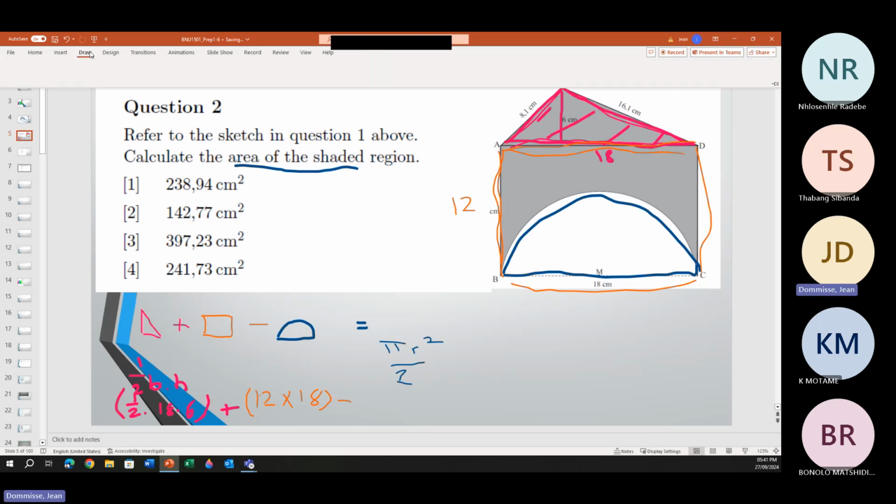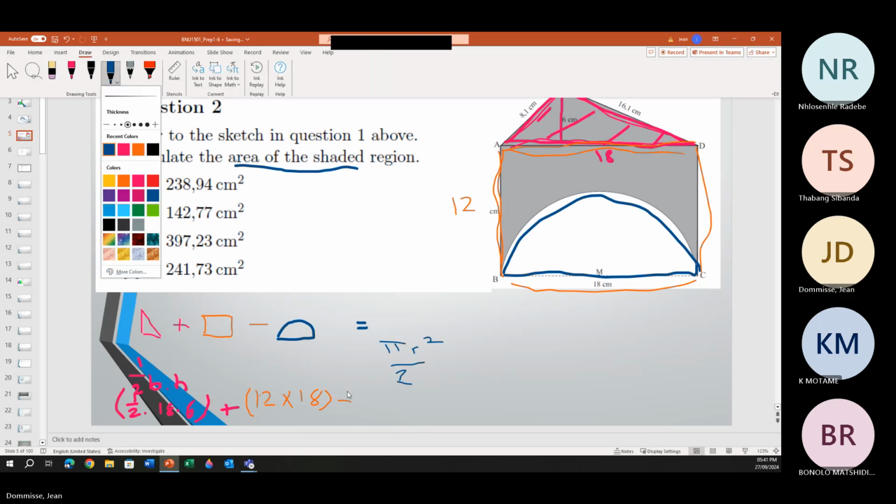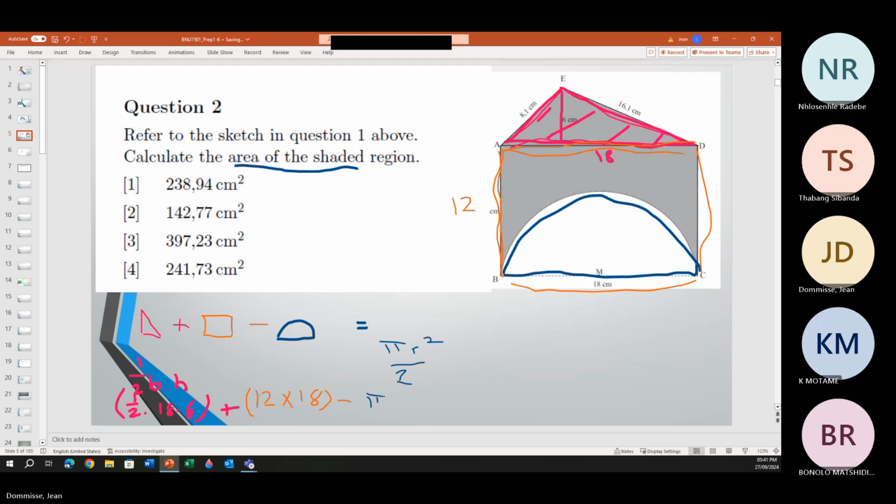So we sit with pi. The radius again is 9 times 2 divided by 2. Okay, so let's work those components out.